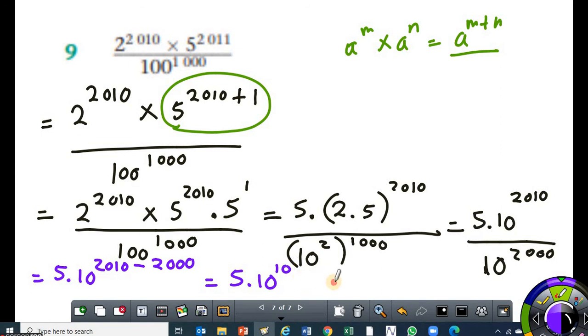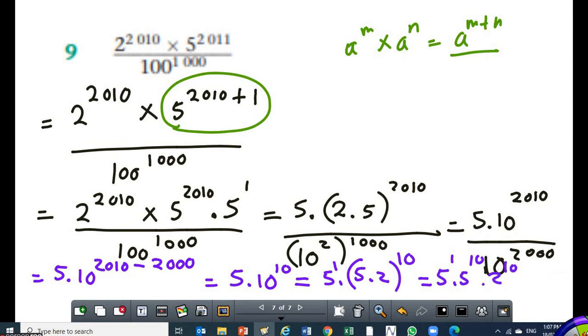So I can write this as 5 times 5 times 2 raised to the power of 10. Then once I do this, this is 5 to the power of 1. So I'll end up having 5 to the power of 1 times 5 to the power of 10, and this becomes 2 to the power of 10.